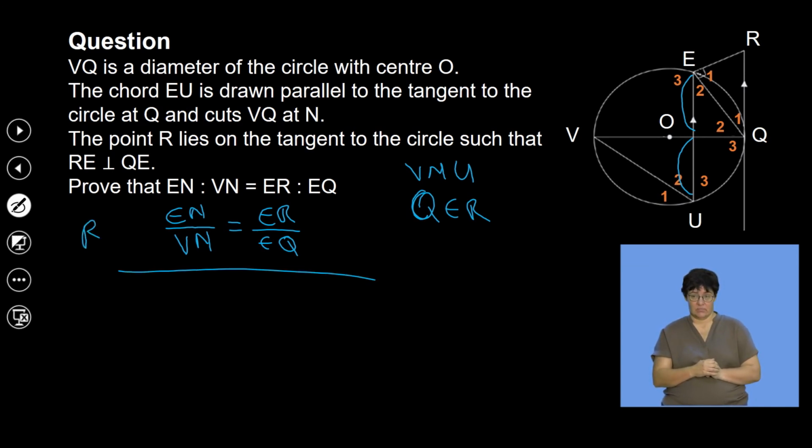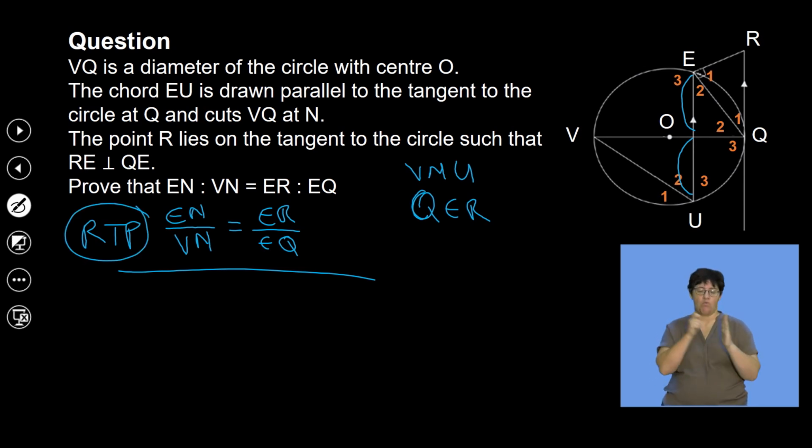Remember this is my required to prove, not that that's where I am starting. I just showed you how to write it in the way that you are used to. So I will use VN. Why VN? Because that's what is equal to EN, right? And then I will also use my ER there, so ER goes with NU, and then my EQ is also there.